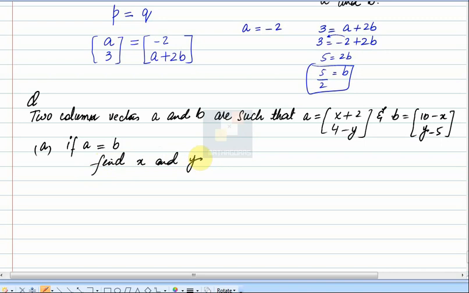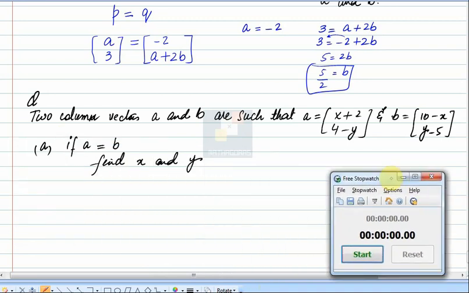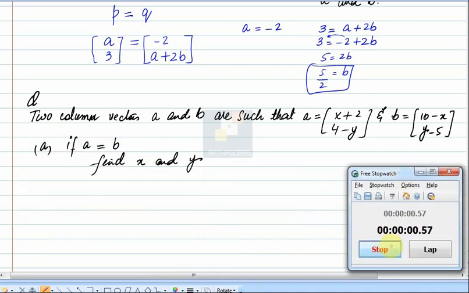First you need to write down the question, and then you need to do it by yourself first, and then I will start. You have 2 minutes to attempt this question. Start.